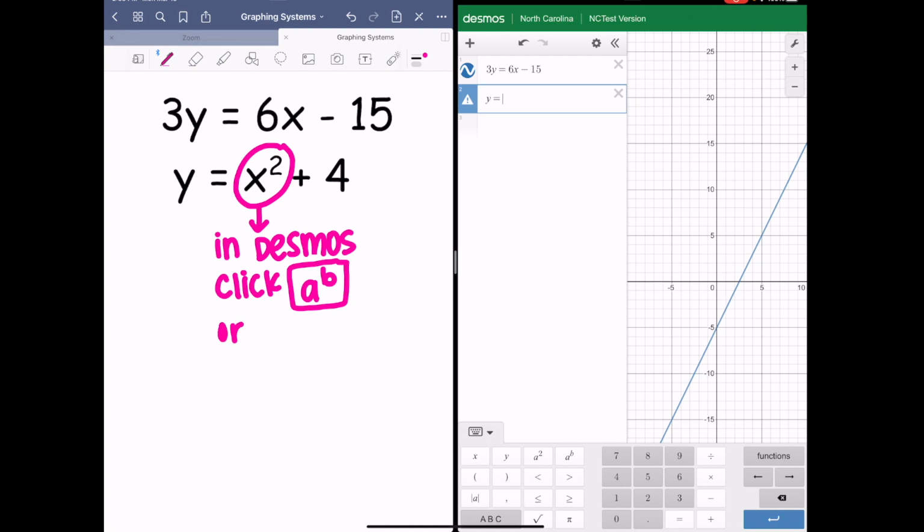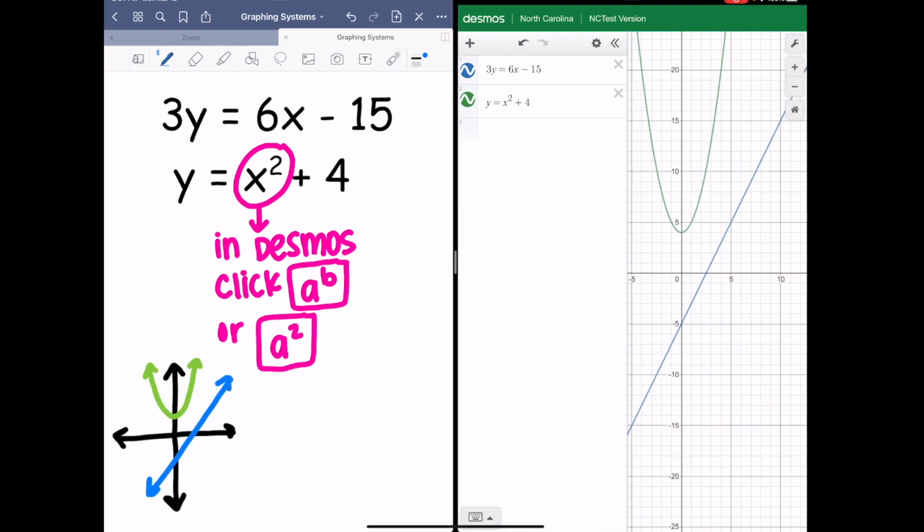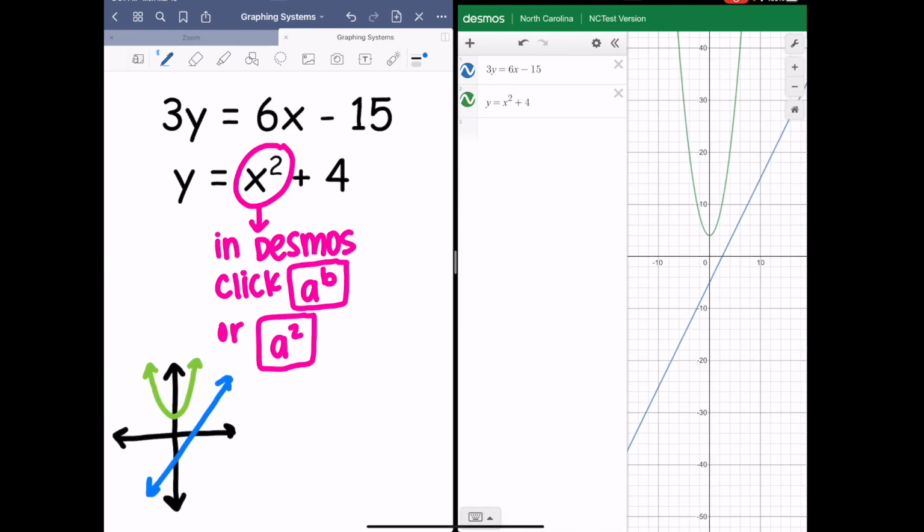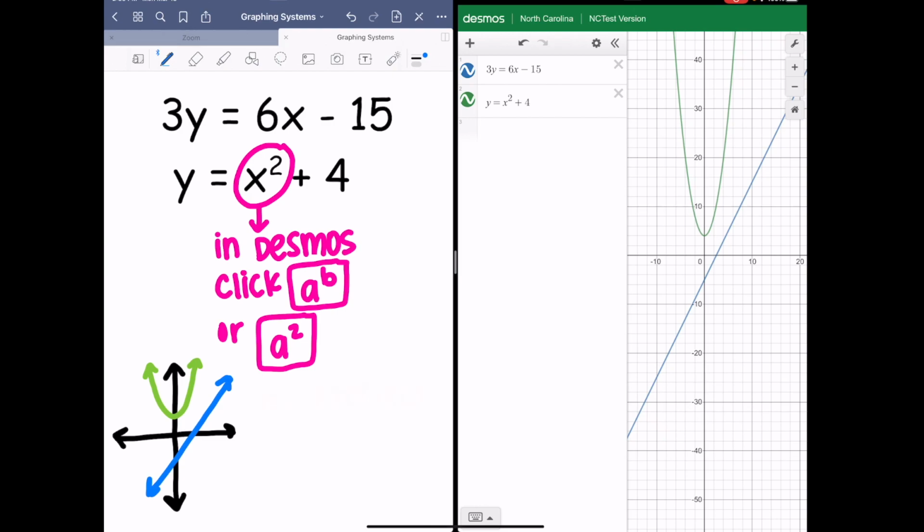Or you can click the button a squared. All right, so we have y equals, we're going to type x, and then the squared, and then we're going to type plus 4. So the blue line and the green quadratic never ever cross over one another. So there is no solution.